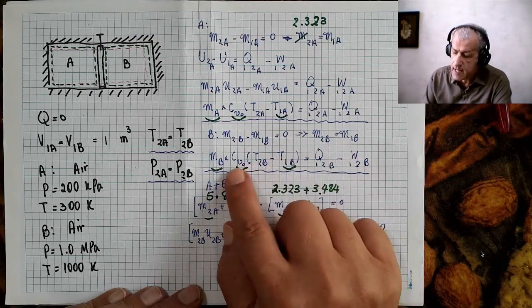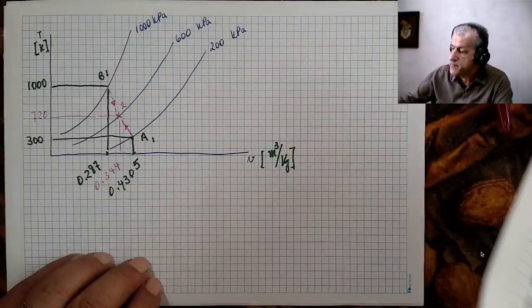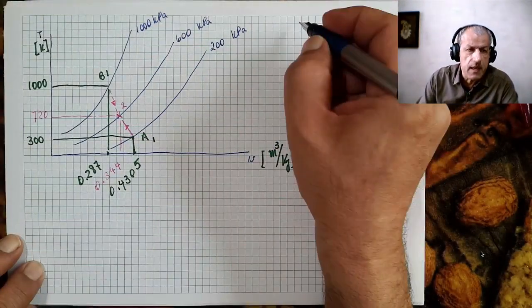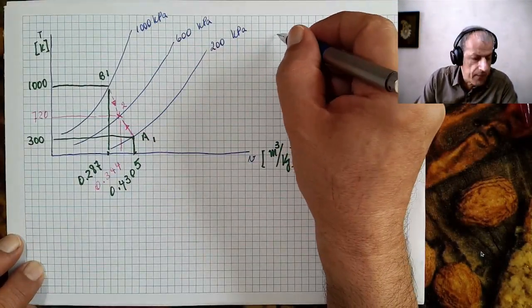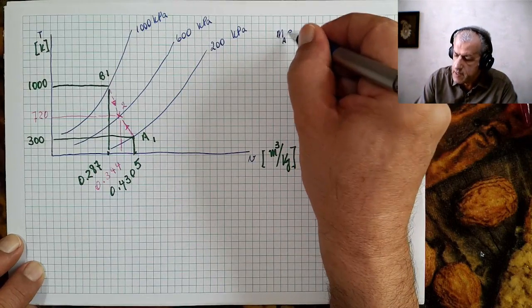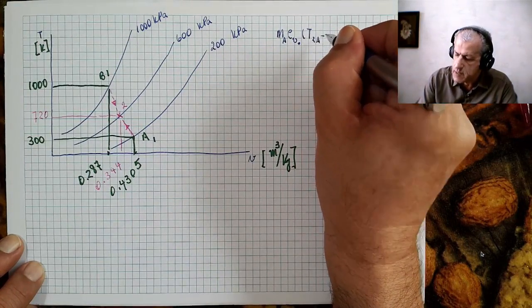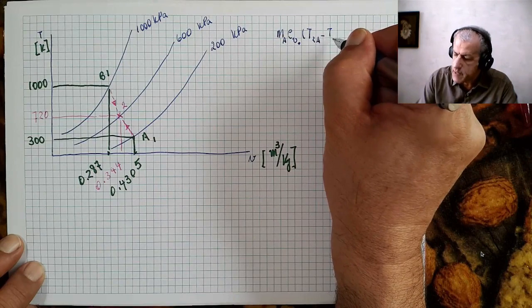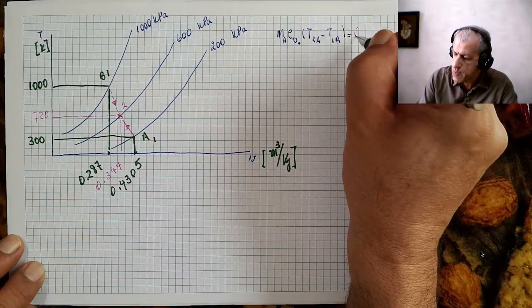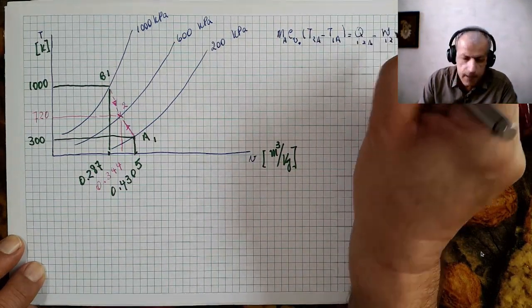Now, we can calculate the left-hand side of this equation, and we can write down mA, Cv0 times T2A minus T1A equals Q12A minus W12A.